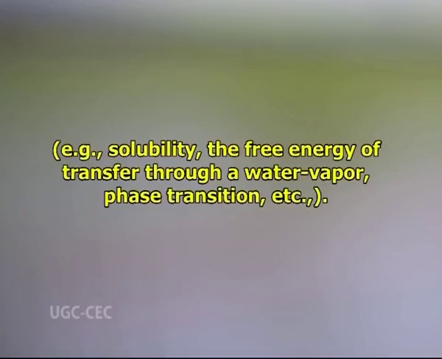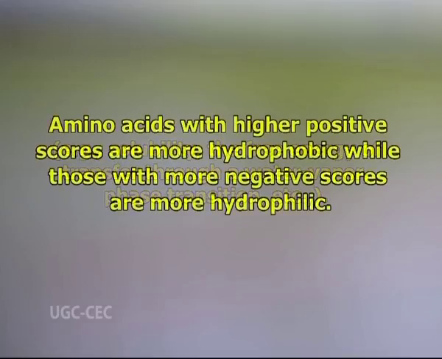Example: solubility, the free energy of transfer through a water vapor, phase transition, etc. Amino acids with higher positive scores are more hydrophobic, while those with more negative scores are more hydrophilic.